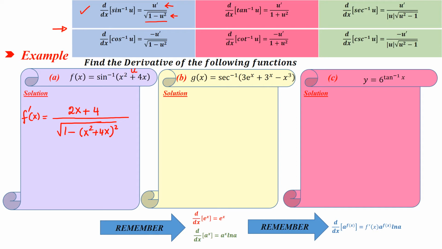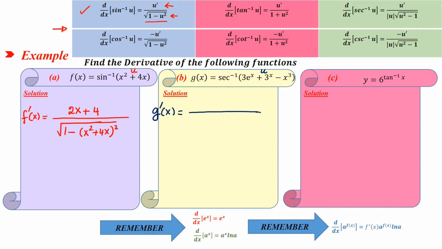Now in part B, you have to find the derivative of the function g of x equals secant inverse of 3e to the x plus 3 to the x minus x cubed. So you have to name the inside function u, and we have g prime of x equals the derivative of the inside function.